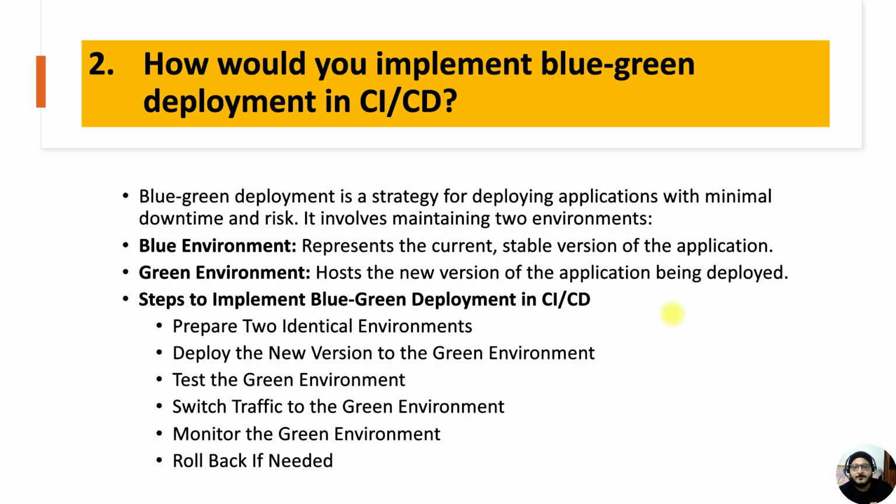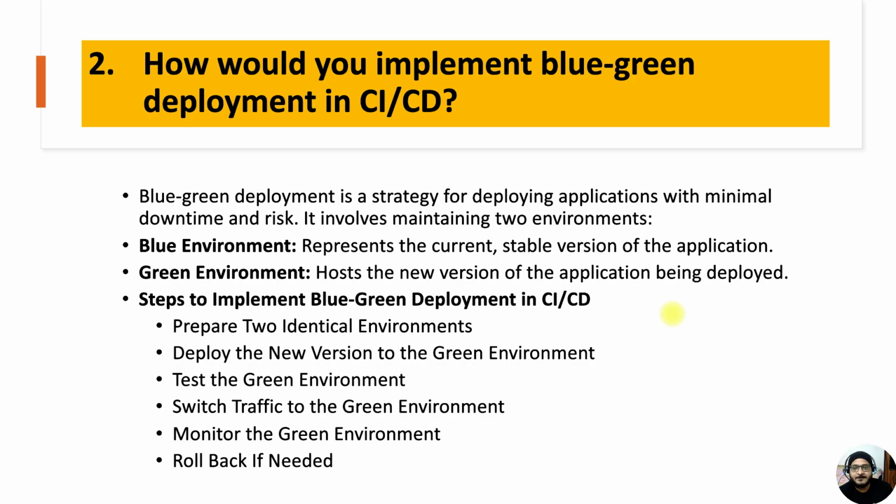So in blue-green deployment, we have two environments. One is called the blue environment, which represents the current or live environment, where whatever application you have deployed will be the stable version of your application. And the green environment is where you host the new version, which you want to test and then deploy to the production environment.